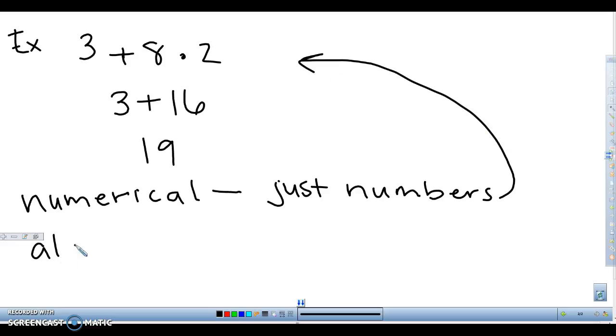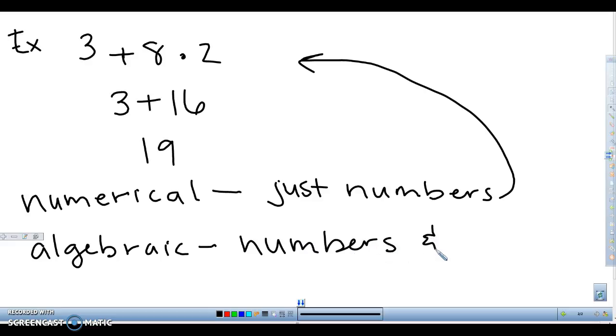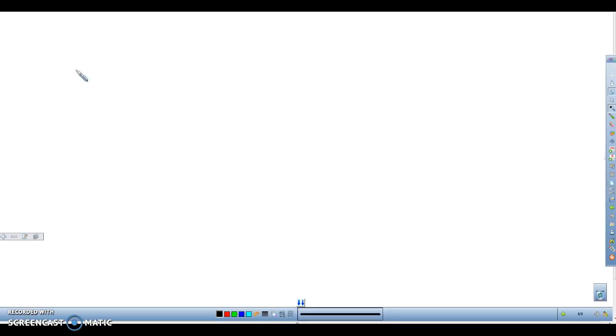Algebraic expressions are numbers and variables. So again, we want to be able to evaluate algebraic expressions. So that's what we're moving towards.